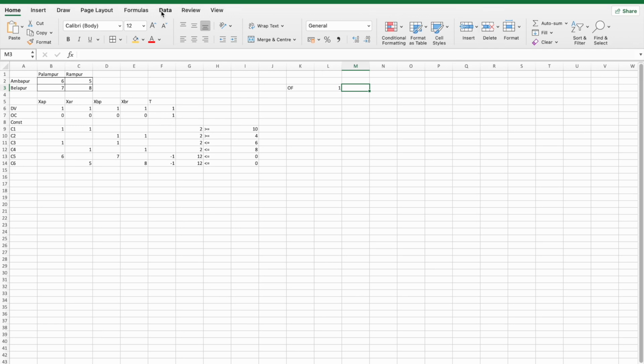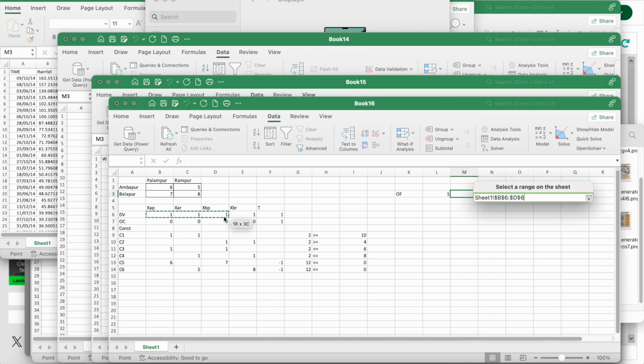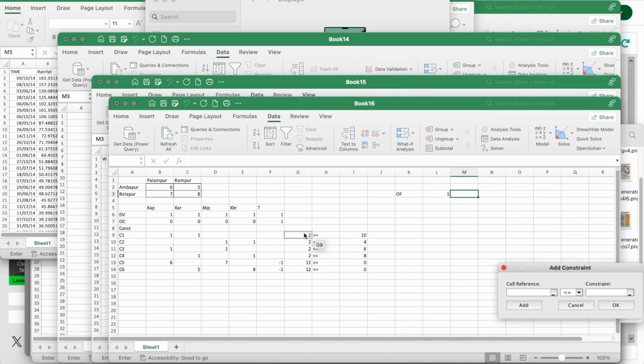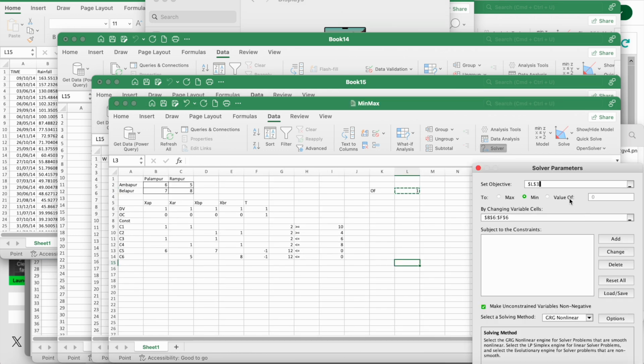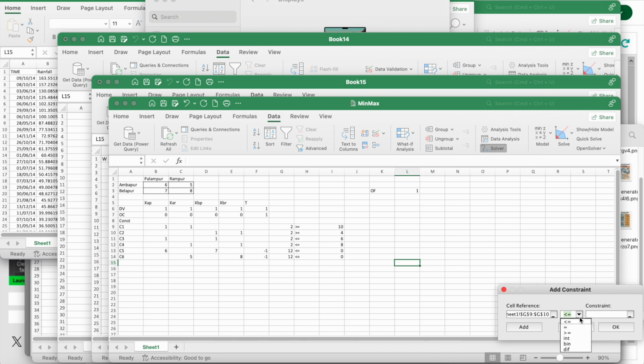Now let's try to solve this using the solver. The objective function is this, we need to minimize this. The decision variables are all of these, and now talking about the constraints. So now we are adding the constraints.